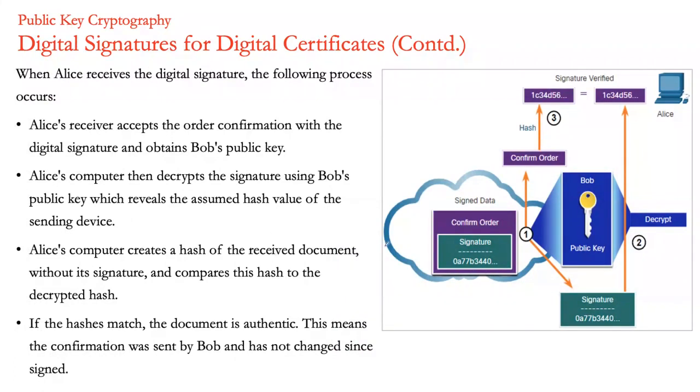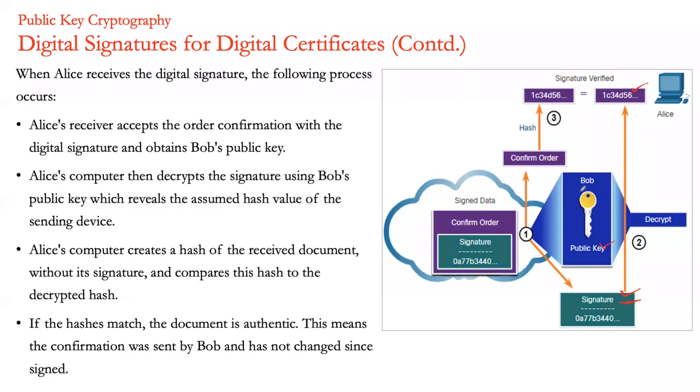Now on the receiver side, what does Alice do? Alice first receives this digitally signed document from Bob and separates the confirmation order from the digital signature by Bob. Once the signature is separated, Alice decrypts this signature with Bob's public key. When decrypted, inside the signature you will have one digest.